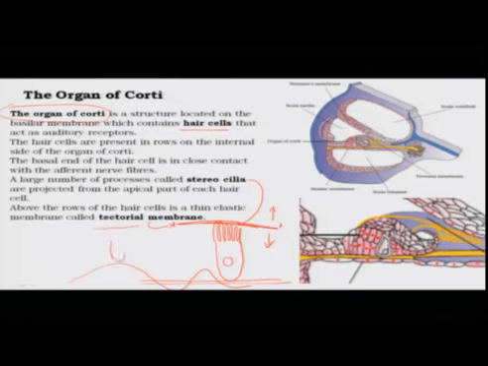Because the hair cell cannot change its shape much, in order to fit into a lesser space, the stereocilia will bend like this in this direction, and when the movement of the basilar membrane is going down, then it will become straight once again. This mechanical movement of the stereocilia on top of the hair cell is what will generate an electrical impulse from this cell. This we will see in the next slide.